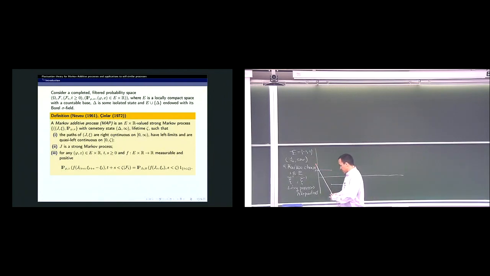Let's say this one has an exponential length of parameter q_1, and this one has an exponential length of parameter q_{-1}. Then I switch again to +1, and then again to -1. So that's the path of J.